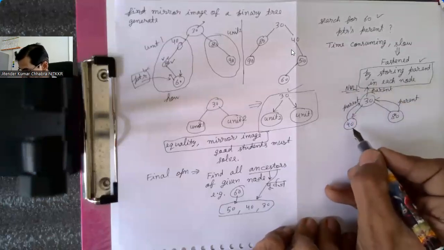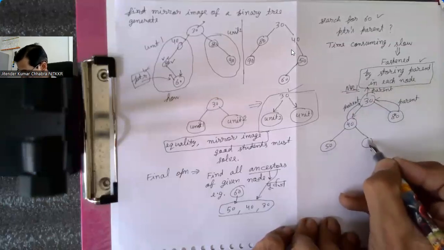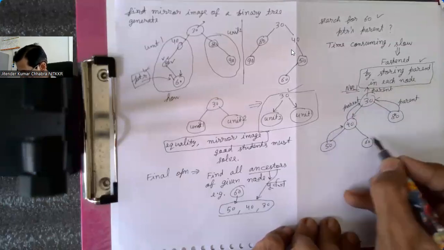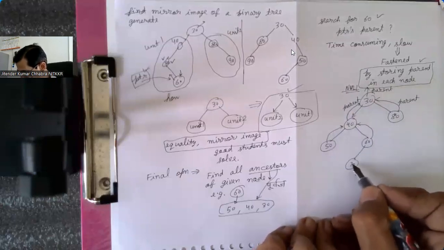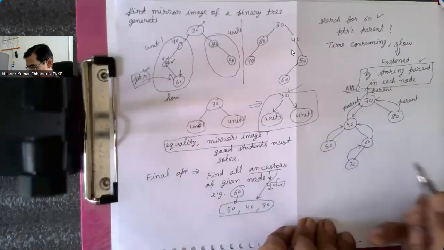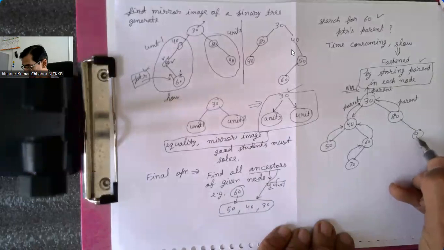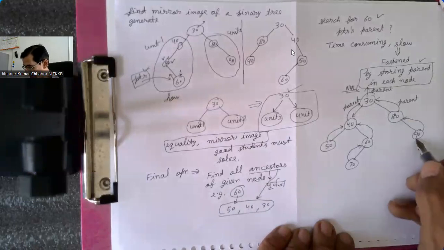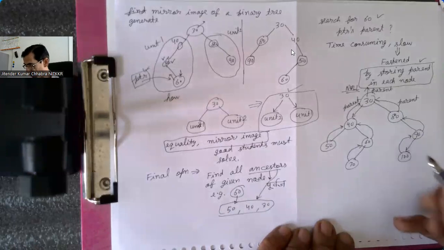But for every other node, if I had, let's say, 50 here, I had 60 here. So this parent link is being maintained. This side I had 70. So I will say 70's link is maintained like this. 80 had, let's say, 90. 90's link is also maintained. 90 has left child 100, parent maintained.